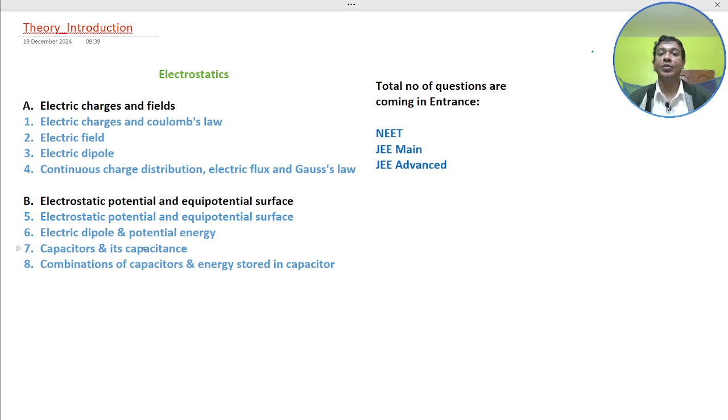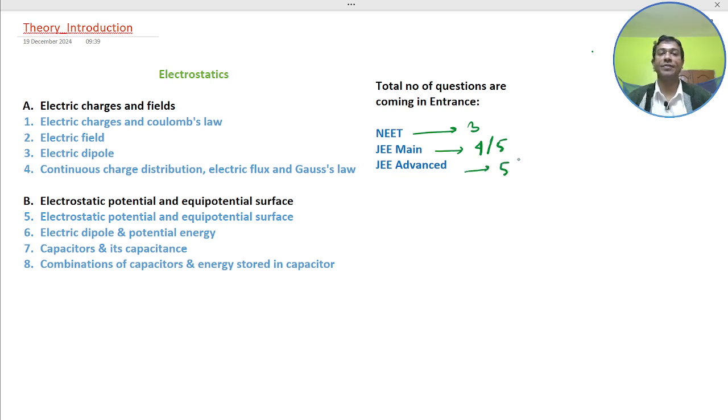The total number of questions coming in the entrance exams from these chapters: in the NEET exam there are 3 questions, in JEE Main 4 to 5, and in JEE Advanced 5 questions.